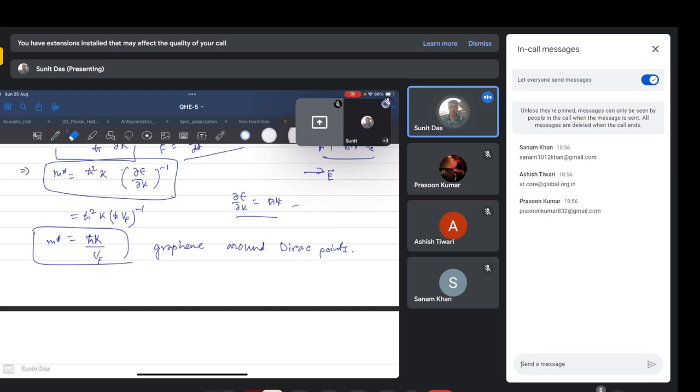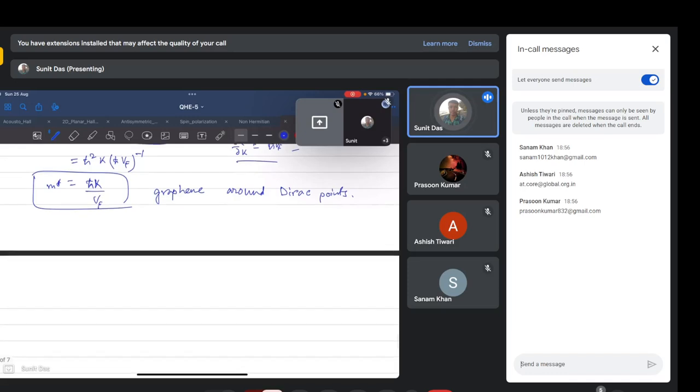Yes, this is h bar k by vF. And this effective mass at k tends to 0 becomes m star tends to 0, right? Because m star is simply proportional to k.